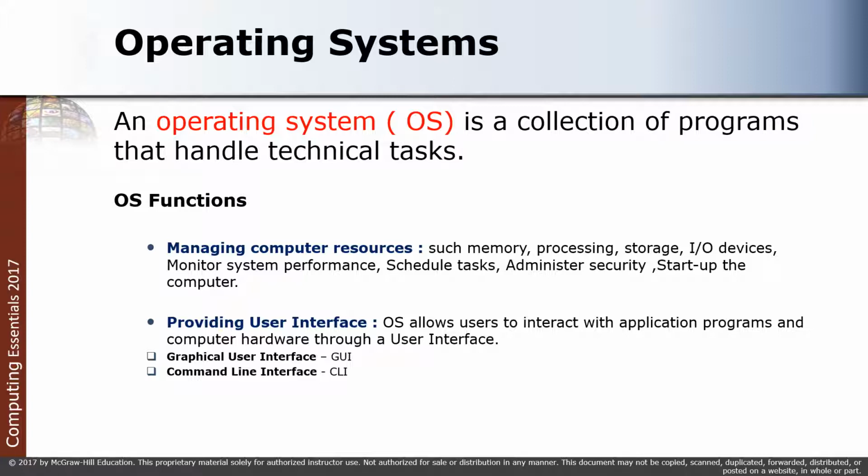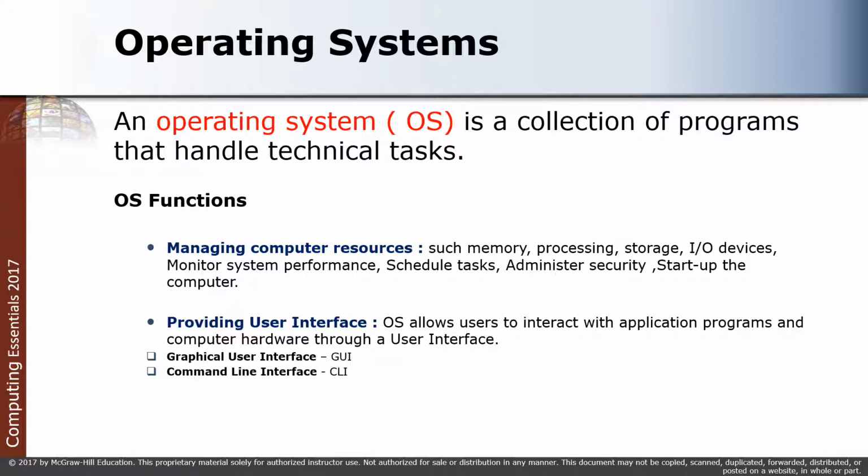We as the user, we just click the software and then the software will start, and we don't need to allocate or direct which part of the application software needs to go to which part of the memory. All this is done by the operating system. So this is how operating system manages computer resources.